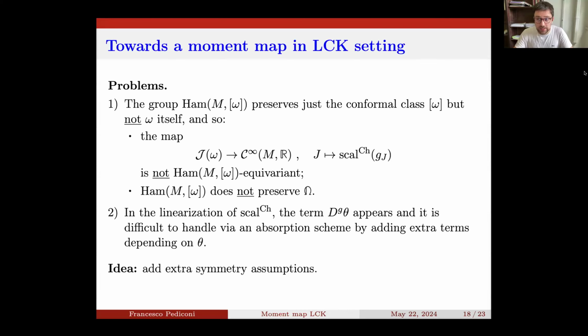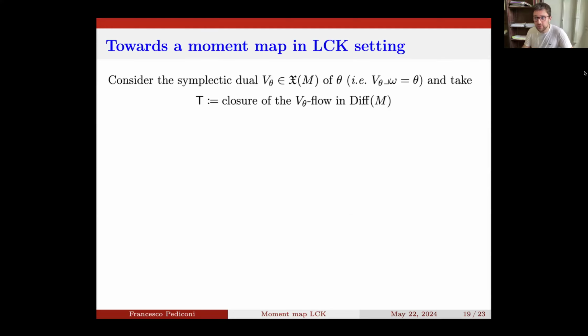So the idea here to overcome these two problems is to add extra symmetries to your problem or to the framework. The extra symmetries here come from a certain toral action. So in particular, the fact that you have this distinguished one-form theta on the manifold gives you also a distinguished vector field that is the symplectic dual of theta.